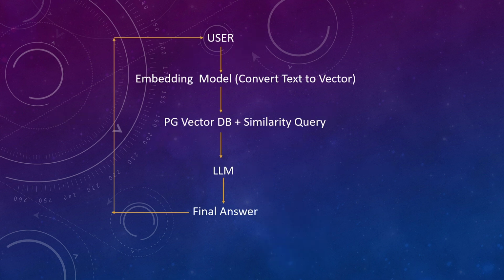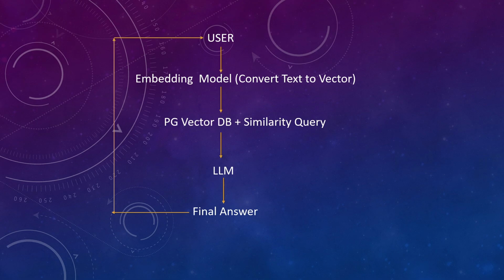So let's understand what happens internally when we implement it in real time. Same as before, we have a user. The user will query the bot. Say we have a chatbot, ChatGPT or Google Gemini or Ollama, Code Llama.